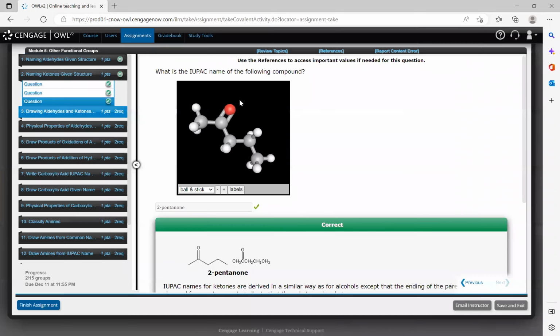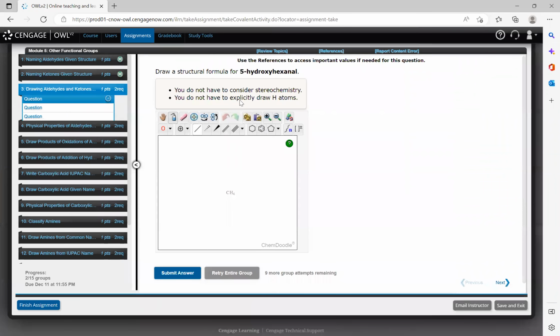All right. Next question, what we're going to do is start drawing these aldehydes and ketones out. So we have 5-hydroxyhexanal. So sort of work your way backwards. We know that hex is 6, so we're going to have to draw out 6 carbons. 1, 2, 3, 4, 5, 6.